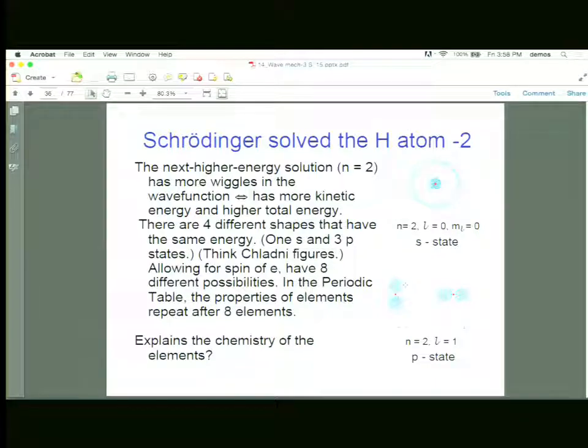So depending on the tilt of the orbit, you'll have a magnetic moment if you have a magnetic field. And it'll turn out that even this, because it all satisfies equations like that, they have different energies in a magnetic field. So these are your so-called M values, or M sub L, projections on an axis.